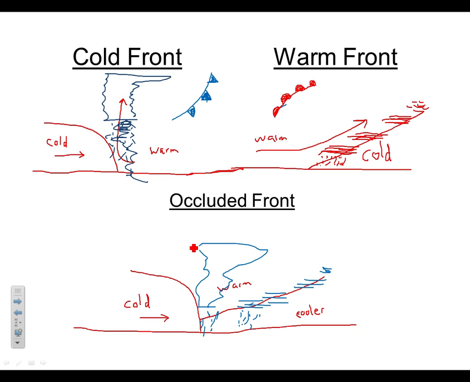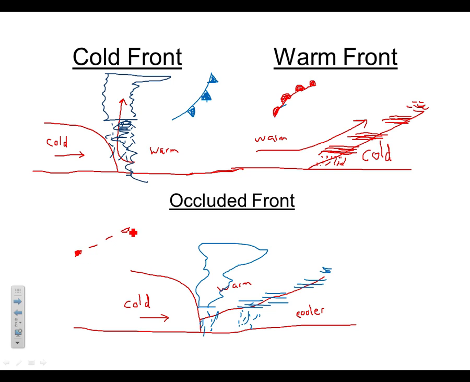Okay, occluded front. What do you see for that? What you're going to see is they're going to alternate. So you're going to have your red half circles on one side. No, never mind. That's the stationary front I'm drawing. So these are going to go the same way.